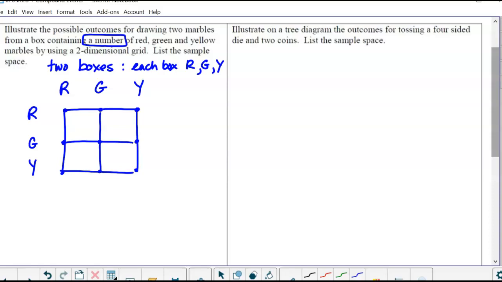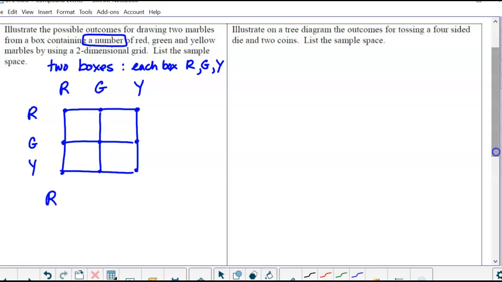So you can see why if we didn't know how many of each, how would we draw that, right? In terms of drawing 2 though, our sample space, we could still get all the sample spaces correct. It's just the grid would look a little bit different. So we basically want to write out each point here.